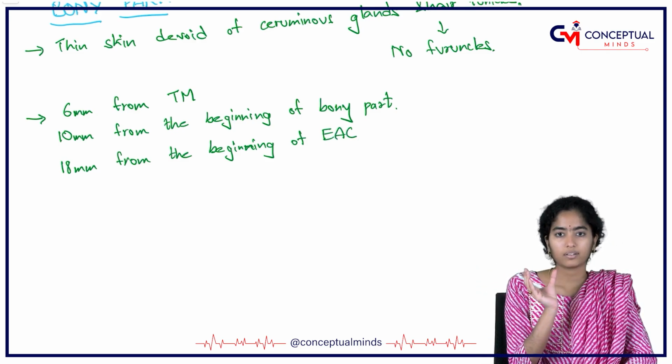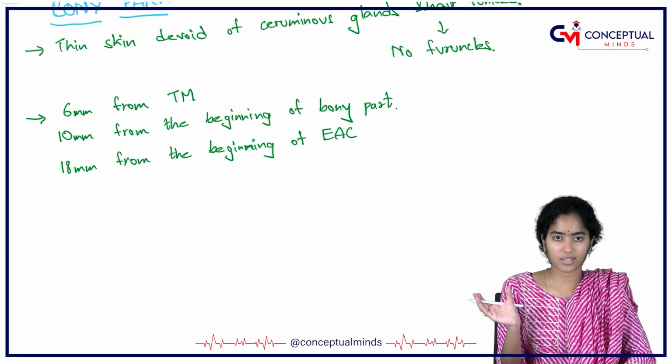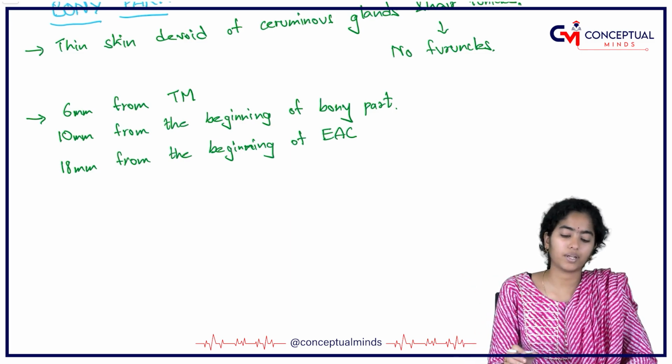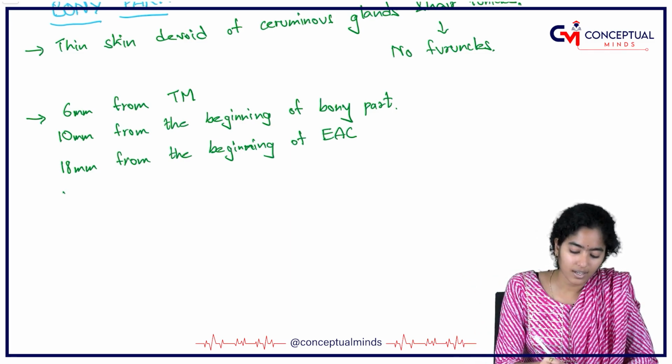Because the first 8 millimeters is the cartilaginous part, it is 10 millimeters from the bony beginning, or 6 millimeters from the tympanic membrane. At this part, there is a narrowing.